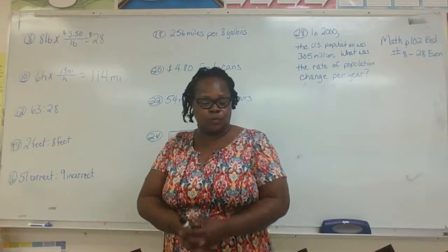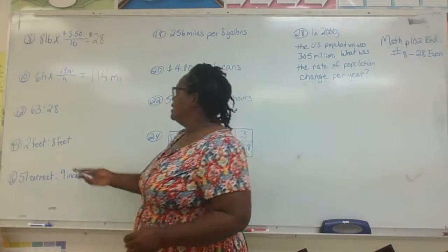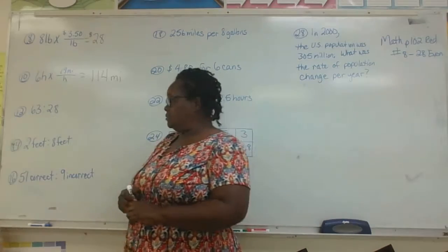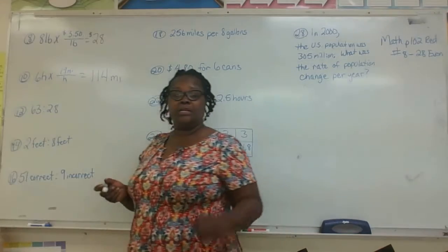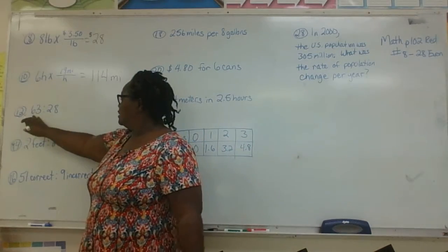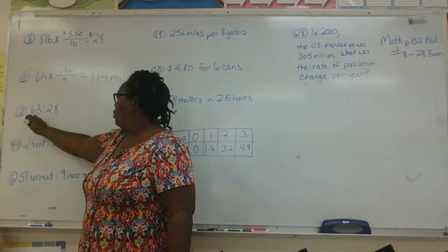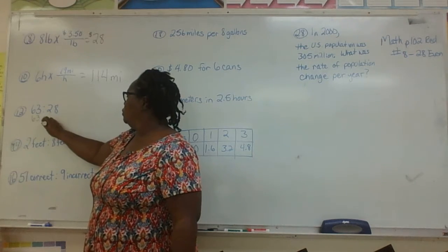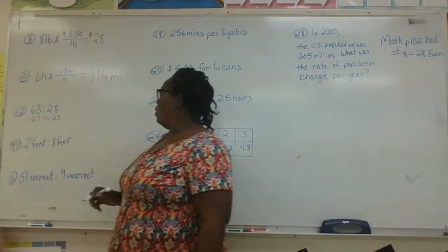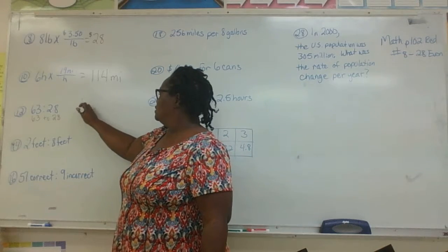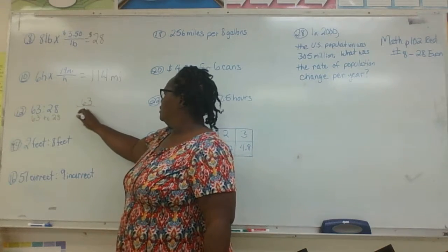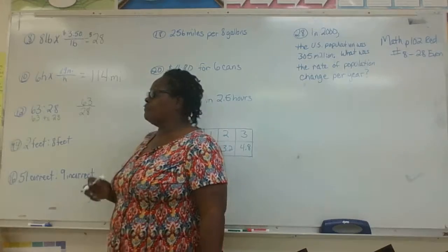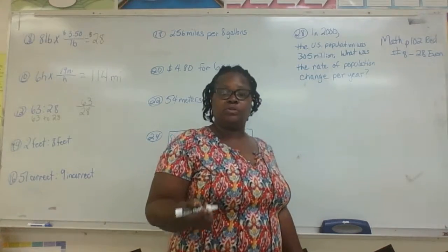And that's in essence what we're doing here. This is 63 to 28. And as we noted in class, it can be written 63:28 or 63 to 28. And therefore, that looks a little more familiar to us.